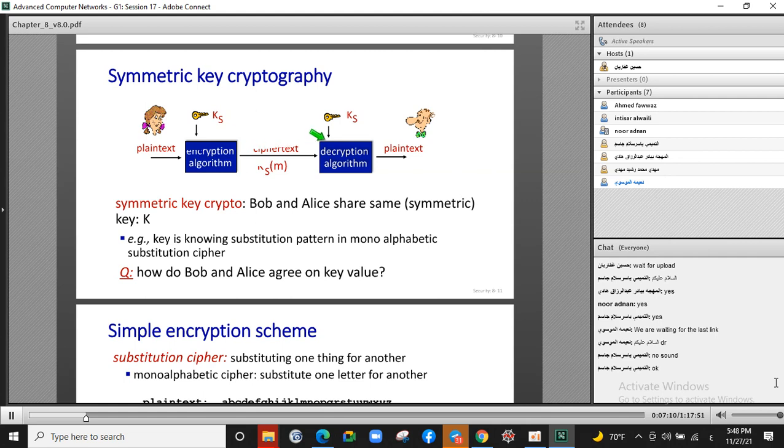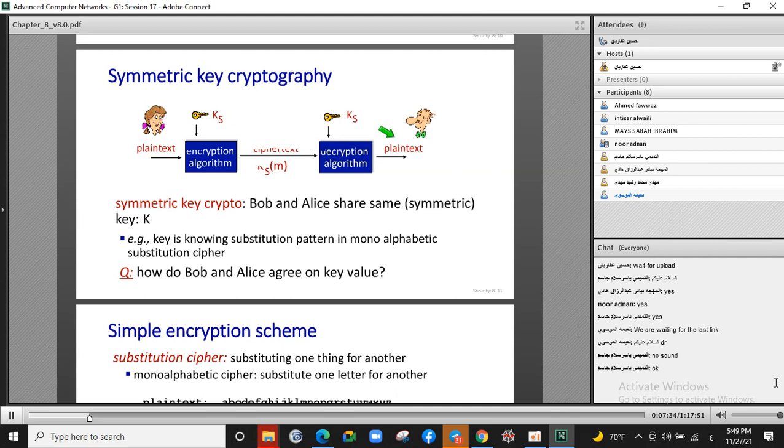At the receiver, Bob can decrypt the ciphertext using the symmetric key again. He can decrypt it and extract the plain text from the received message.